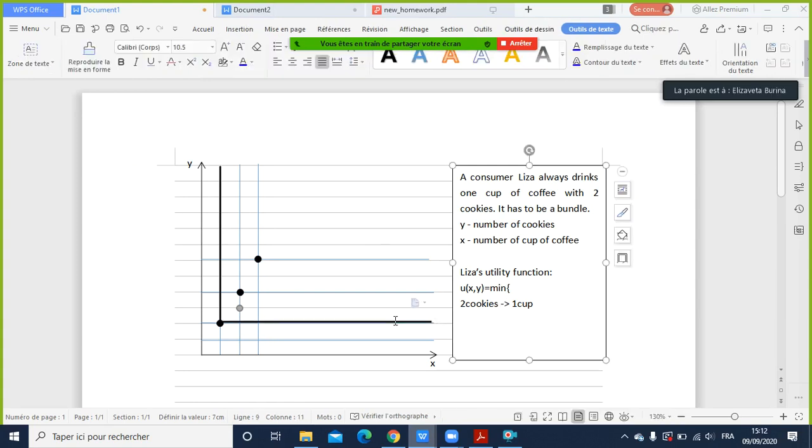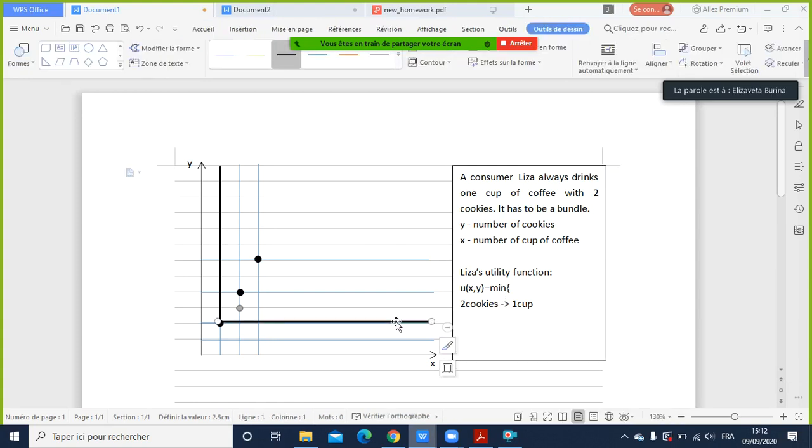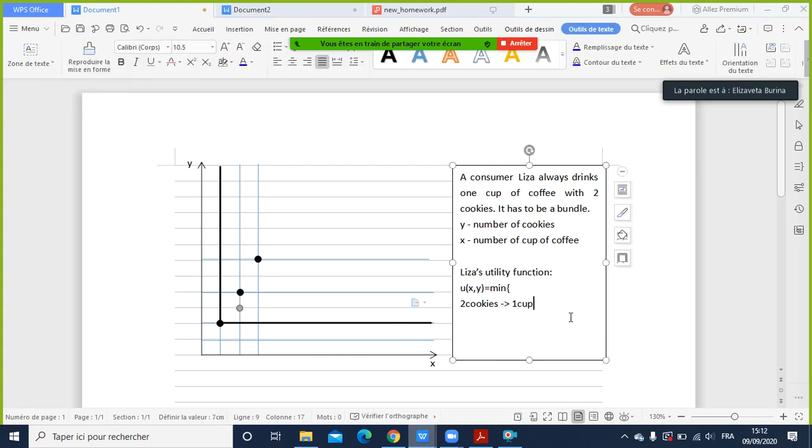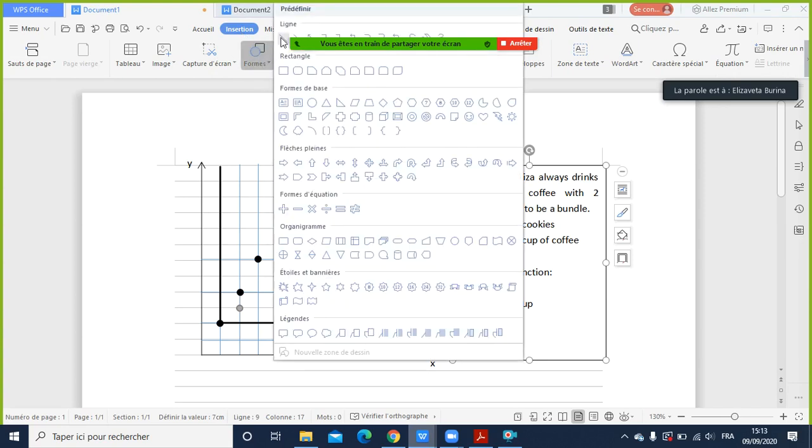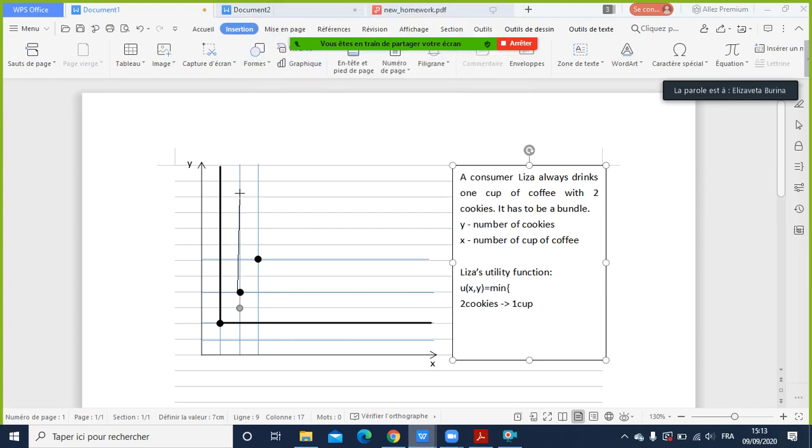I just need 1 cup of coffee to enjoy 2 cookies, and the rest, it's good if I have more, it doesn't matter if I don't. Now, this will apply to the other levels. So, wait a second, don't ask me questions yet. So that's going to look like this.